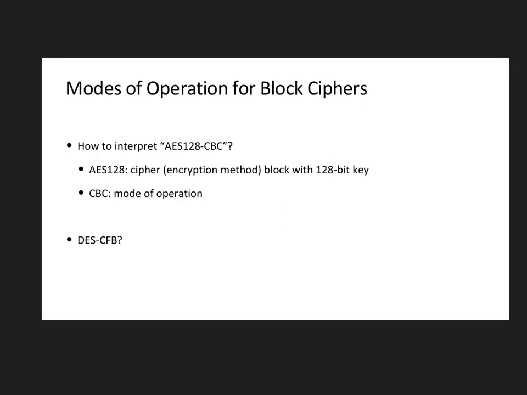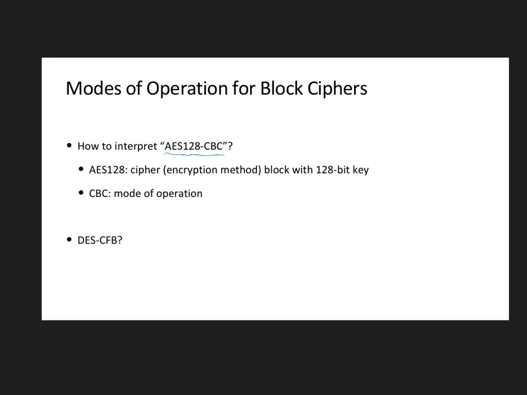Typically, we can say we use AES to encrypt something, or we use DES to encrypt something. But since the mode of operation is part of the encryption, there is a longer name, or say full name, for the entire encryption. So let's see one example. How to interpret AES 128 CBC.